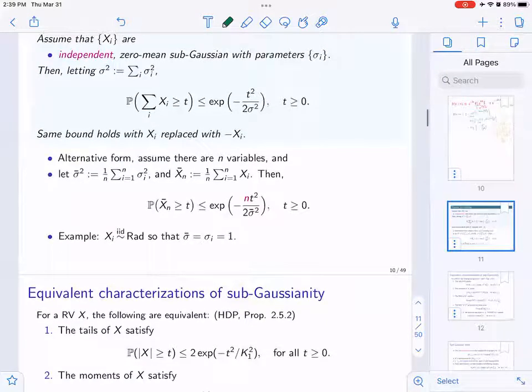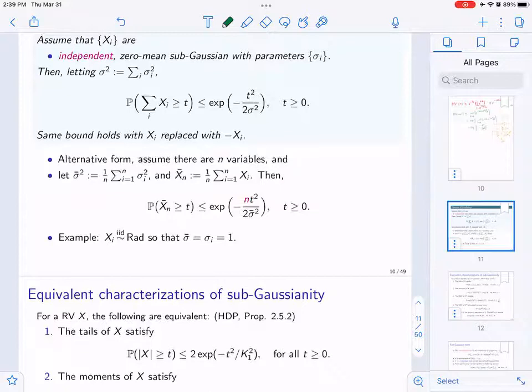If I want to look at the average, I can divide both sides of this by 1 over n. So divide here by 1 over n, and change t to n times t. You could use a different variable, but let's keep the original variable.